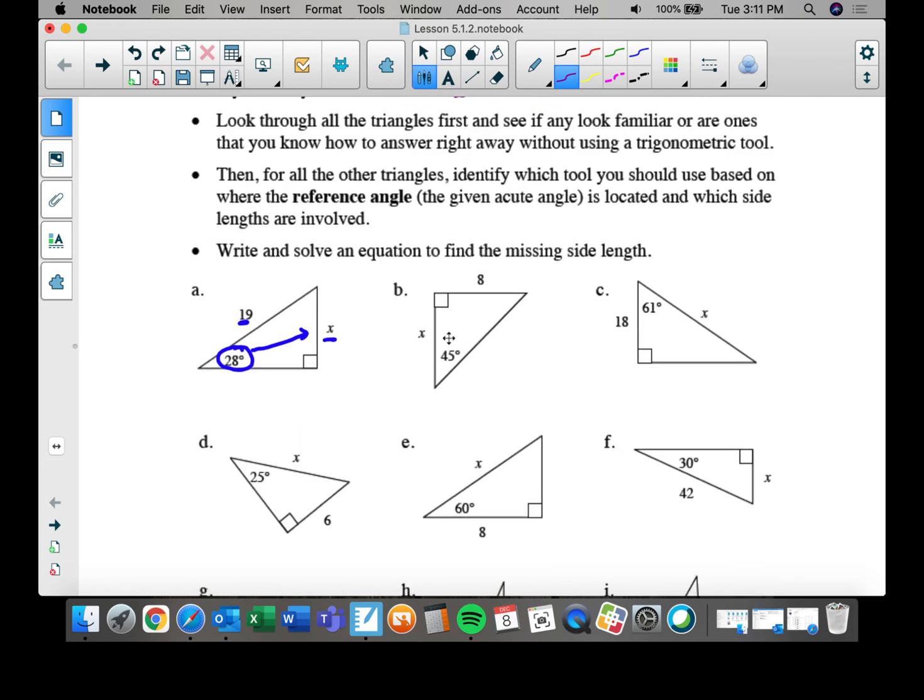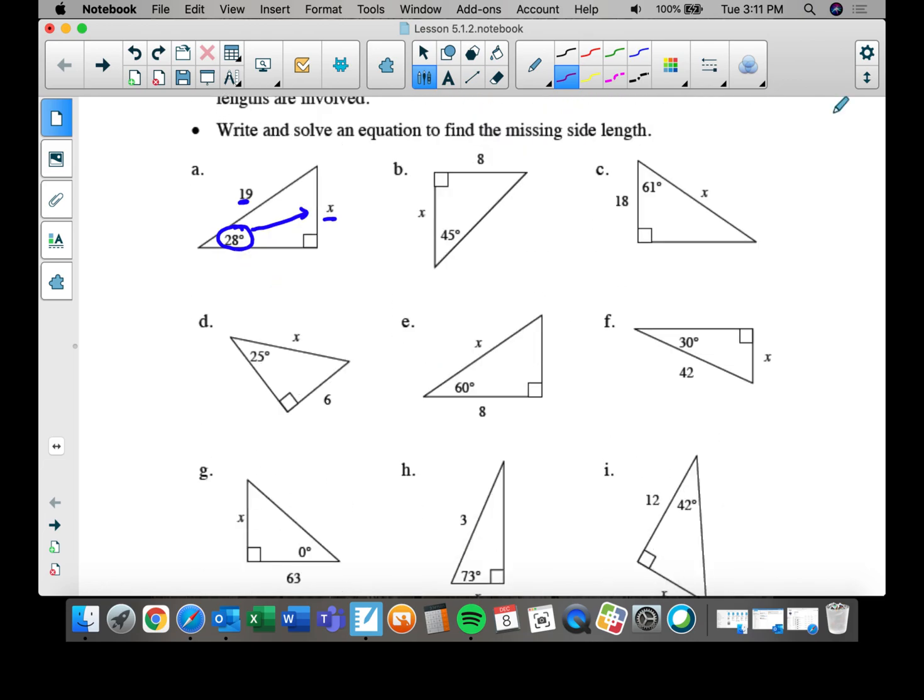So if we take a look at this down here, we're going to solve for this. We said I've got opposite and hypotenuse. That is the sine portion. So if we do this off to the side, I'm going to set up sine of 28 degrees over 1 equal to, by definition, the ratio of sine, which is the opposite leg to the hypotenuse, which means I've got x over 19.